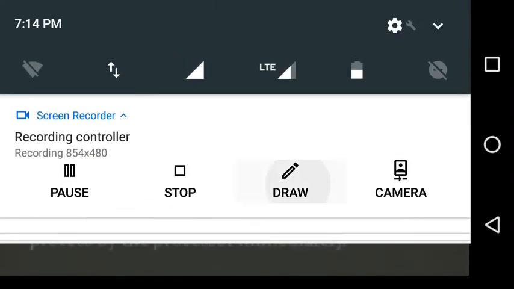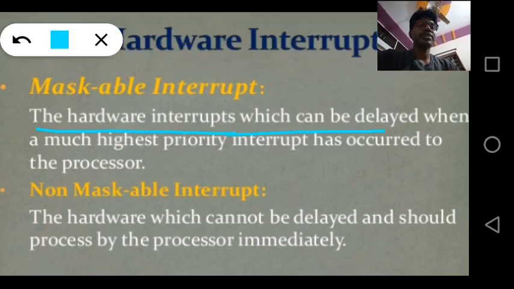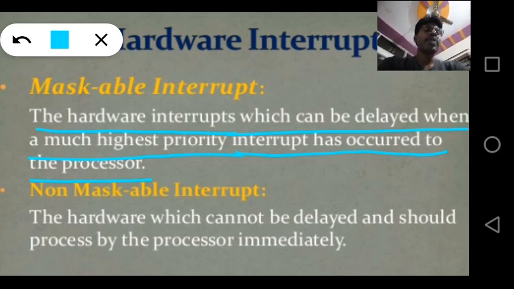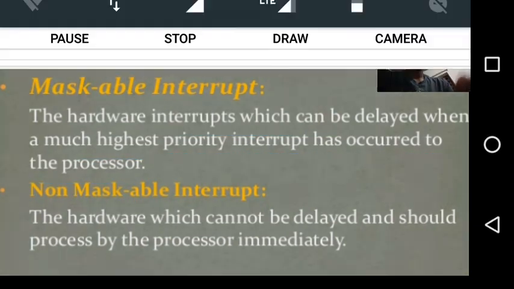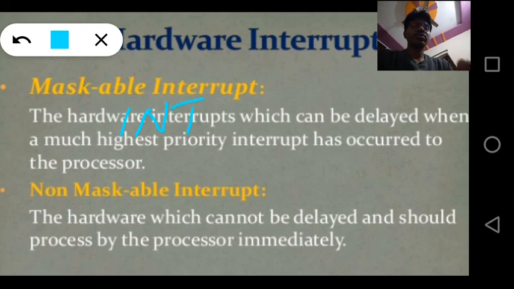The maskable interrupt means the hardware interrupts which can be delayed when a much higher priority interrupt has occurred to the processor. So maskable interrupt means, let's assume I have two interrupts from two different devices. Let's assume I have interrupt request 1 and interrupt request 2.